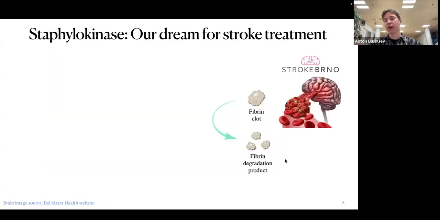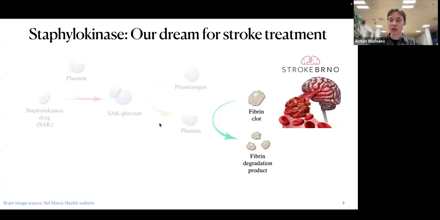And our collaborators, in terms of the Stroke Brno Consortium, designed drugs against stroke. As we can see here on the right, stroke is essentially a medical condition when a blood vessel is blocked due to the cluster of these proteins which are called fibrins. So our goal is to degrade this clot, or to break it down, and to restore normal blood flow.